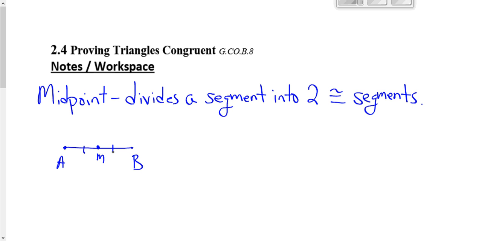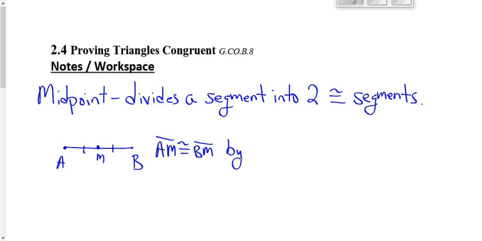And I can justify this statement. Can I say that AM here is congruent to BM? Definitely, because that's a midpoint that I've just defined, right? So I could justify making a statement like this by what?